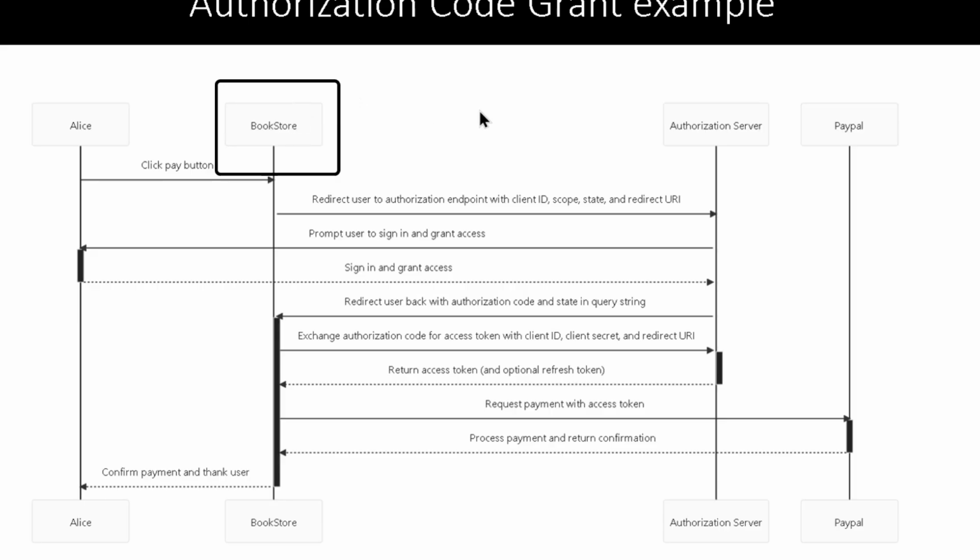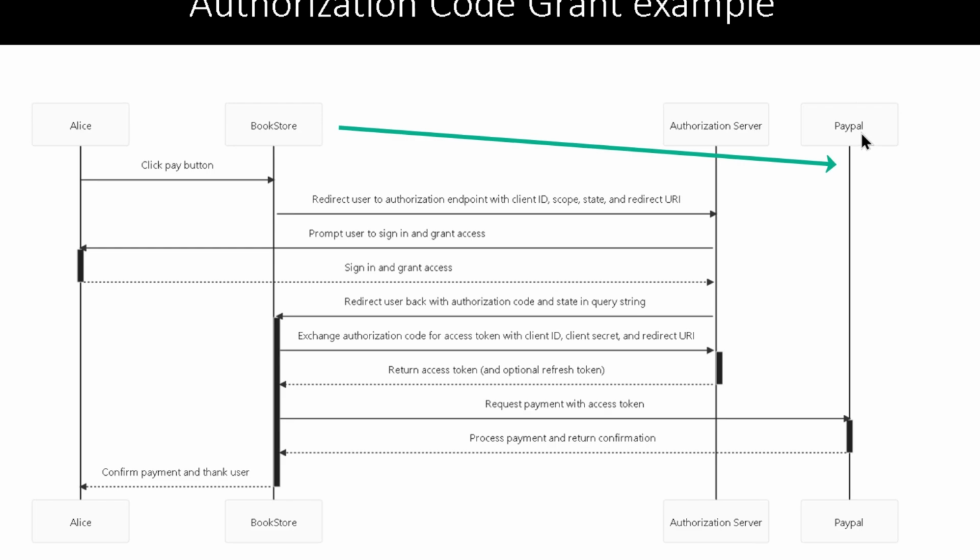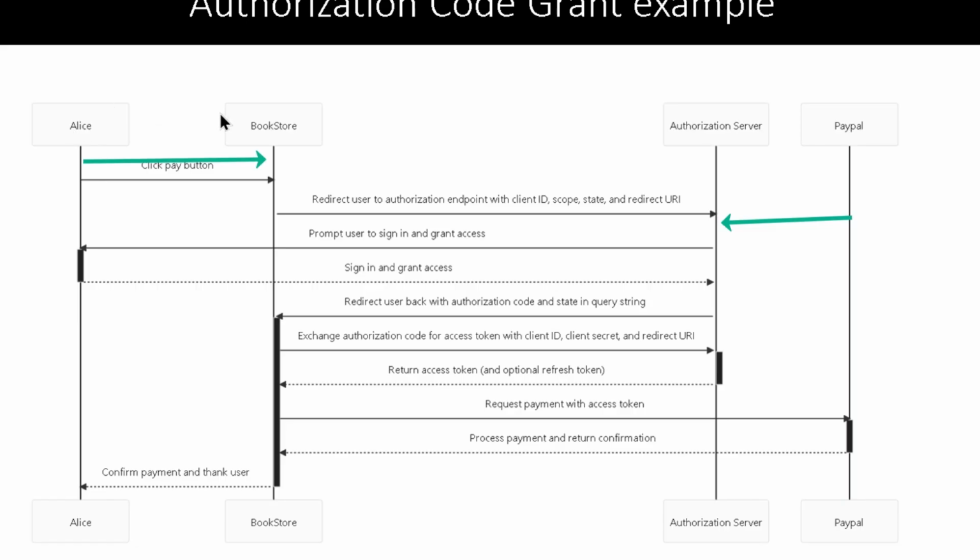He has registered his app with PayPal as a client. He has obtained a client ID and a client secret from PayPal, which he uses to identify his application to the authorization server. Now, Alice wants to buy a book on the bookstore, but she needs to authorize the application to access her PayPal account first.